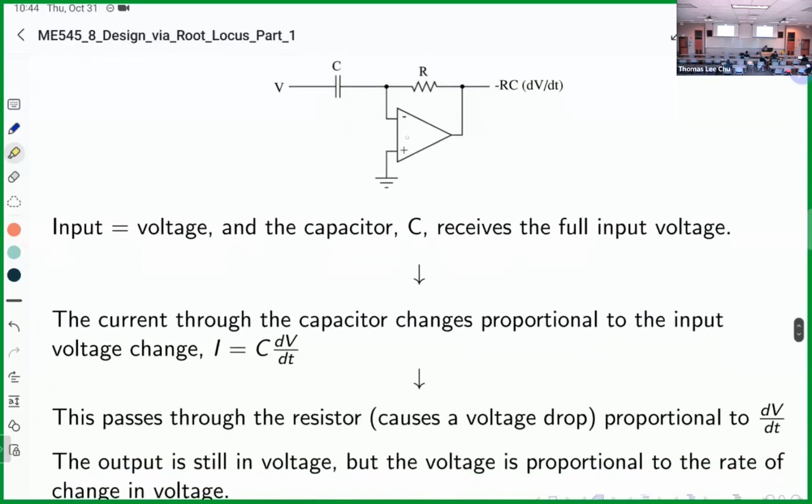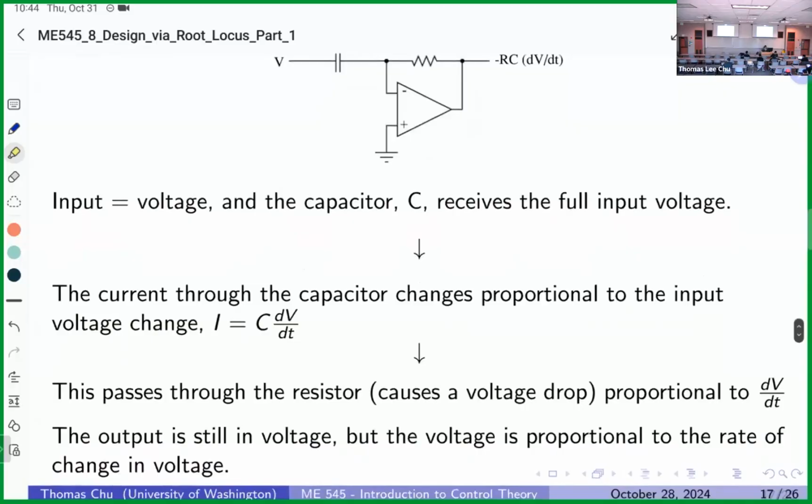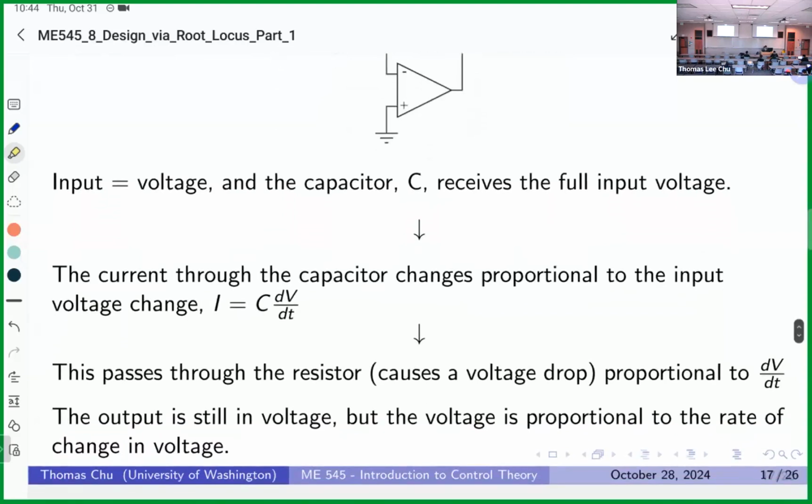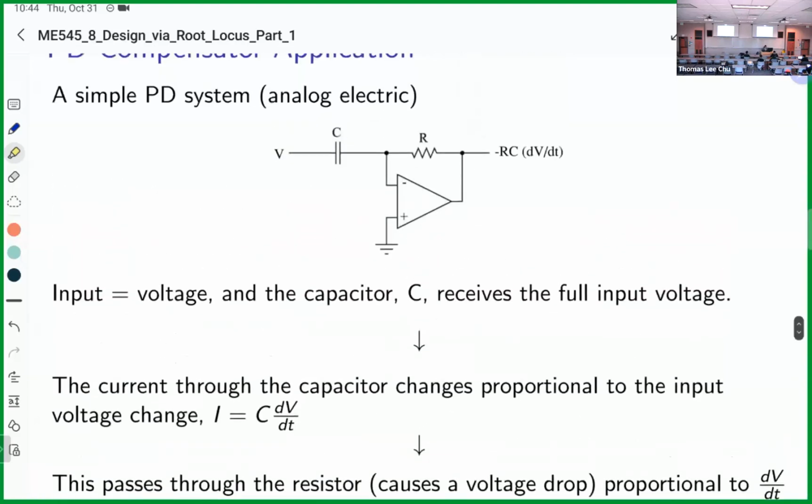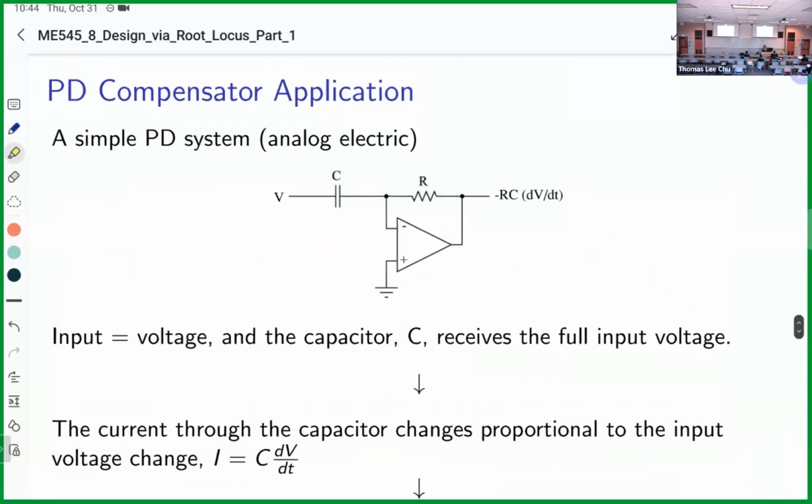And it's going to be negative because this is a negative op amp, but it doesn't really matter. You just multiply that by the negative number to get a positive output. This passes through the resistor, which causes a voltage drop, and that voltage drop is proportional to the derivative. The output is still in voltage, but the voltage is proportional to the rate of change in voltage. So that's like a PD controller in an analog system.